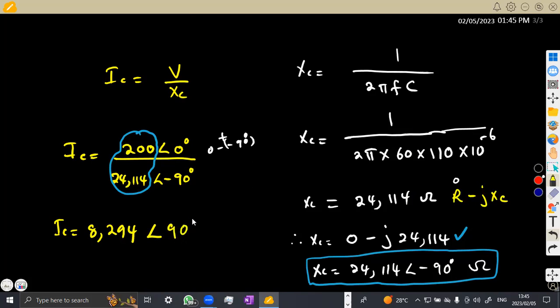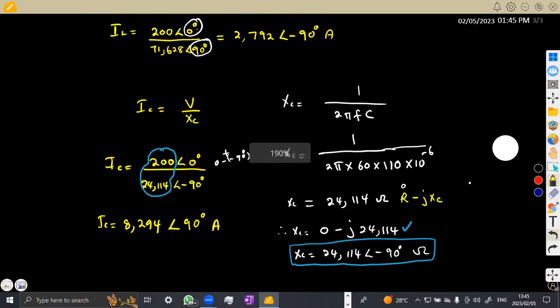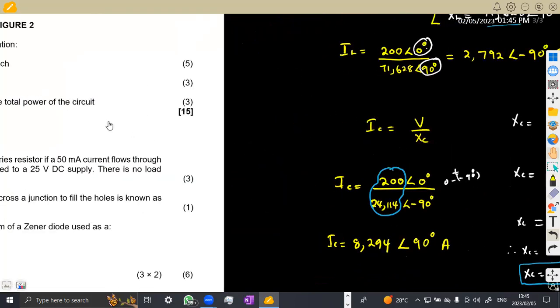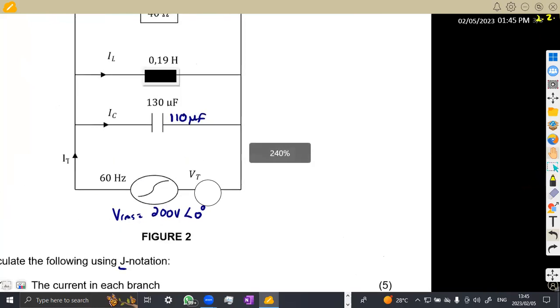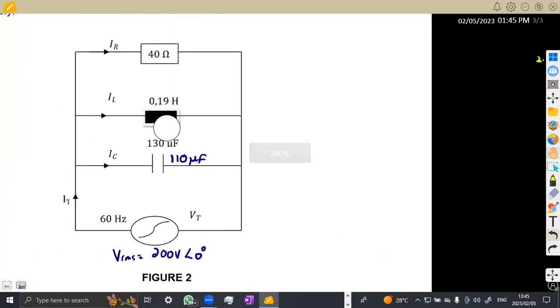Okay, so this is our IC, the current in the capacitor. All right, or you can write it in rectangular form if you want, guys. It's up to you. All right, so that's the currents in each and every branch we managed to calculate in the resistor, in the inductor, and also in the capacitor. So these are the branches that we're given: this branch, and this branch.